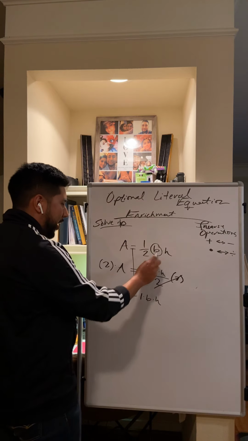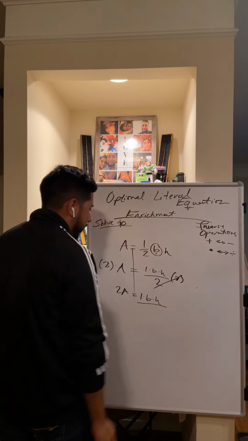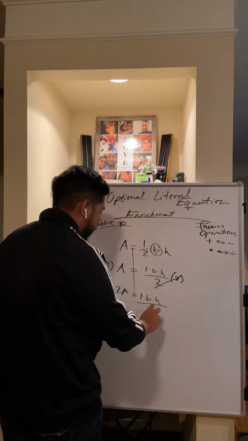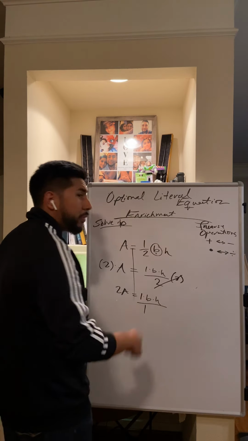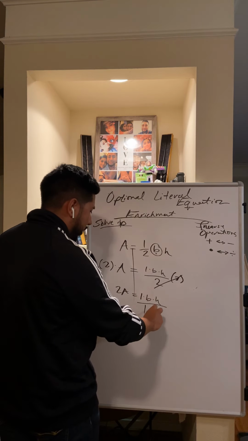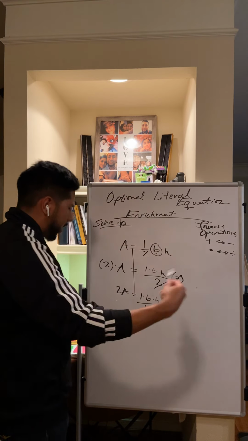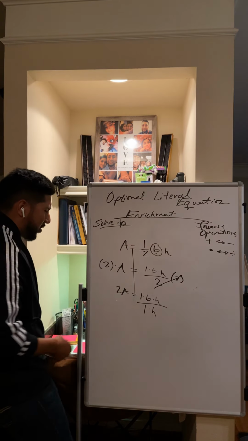I want the b by itself. This is all multiplication. Boom, let's divide. Who should I divide by? Let's get rid of that 1. And who else? The h. I want the b by itself. Sir, can you do that? Yes, of course. We're just doing it faster. I don't want to do 1 by 1. It's too long.